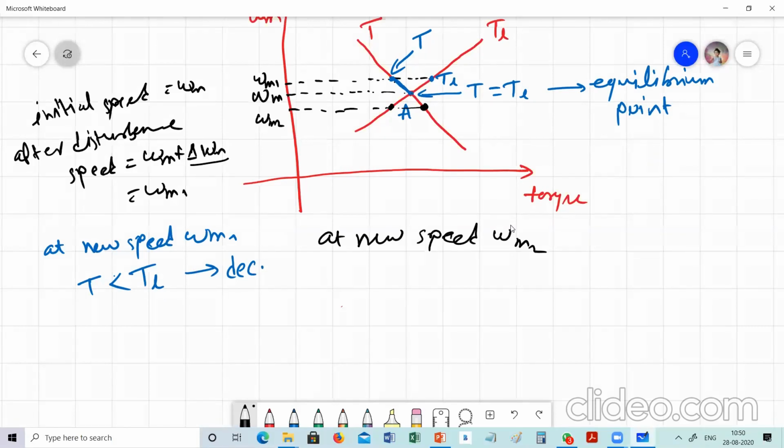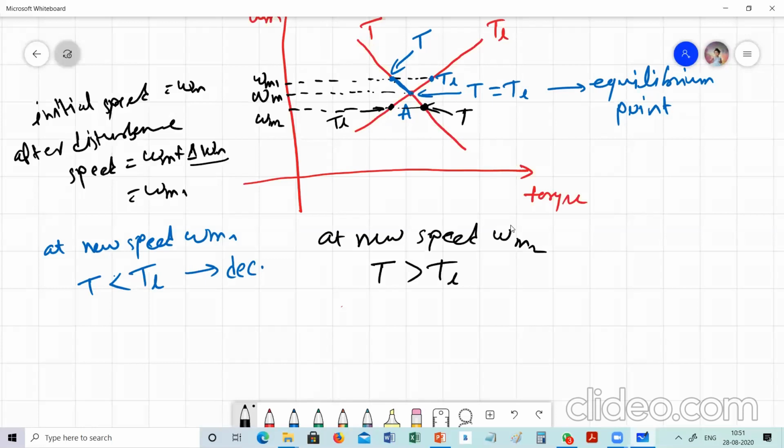Now for this new speed, this is the load torque and this is the motor torque. You can observe that now T is greater than TL.